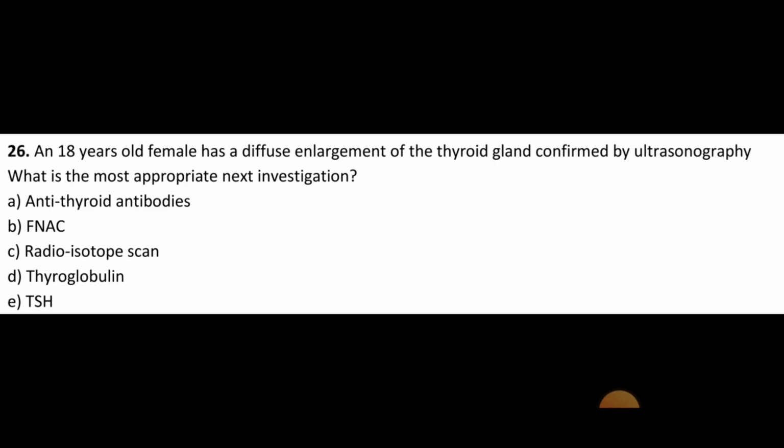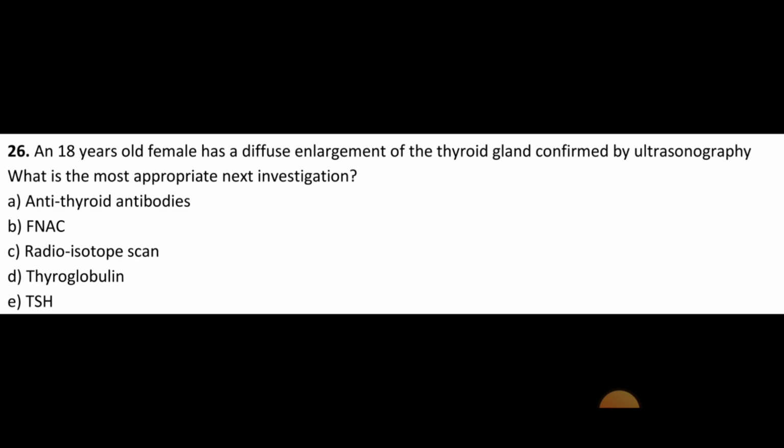An 18-year-old female has diffuse enlargement of the thyroid gland confirmed by ultrasonography. What is the most appropriate next investigation? So this question is not directly related to hyperthyroidism, but when the thyroid gland is diffusely enlarged, there are a few diagnoses. One is Graves' disease, and also it may be thyroiditis.